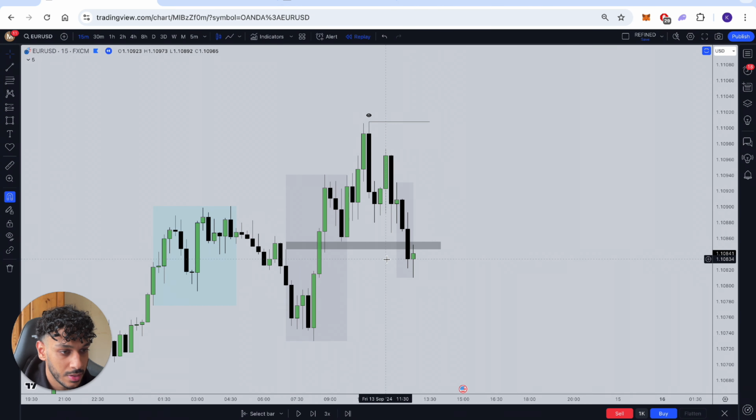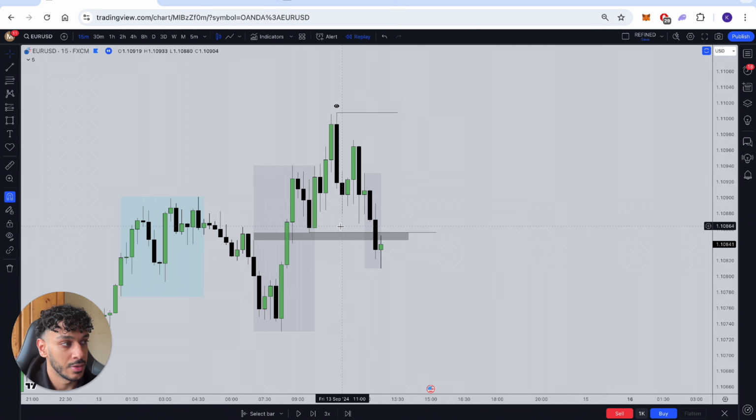That's really key. And what you'll notice is I'm always looking for that internal liquidity to get swept, because I want to gauge the idea that smart money's got behind a move, and smart money has paired orders with that area and is then looking to reverse price. And it also acts as a really good SL placement.